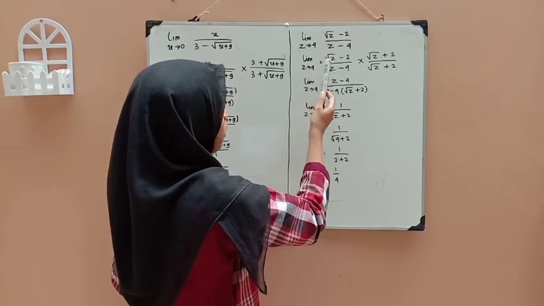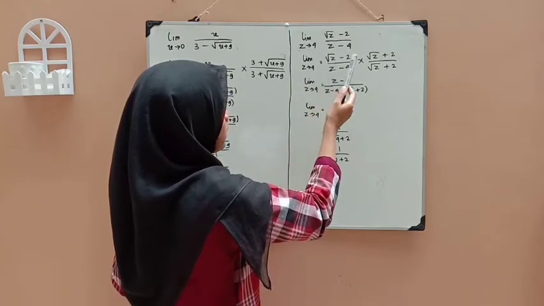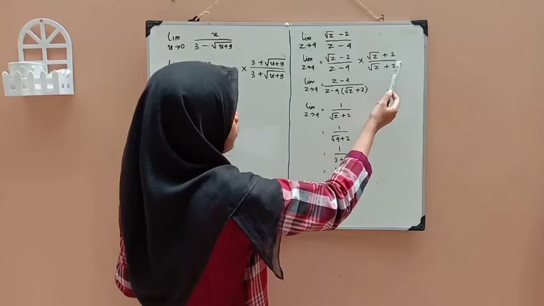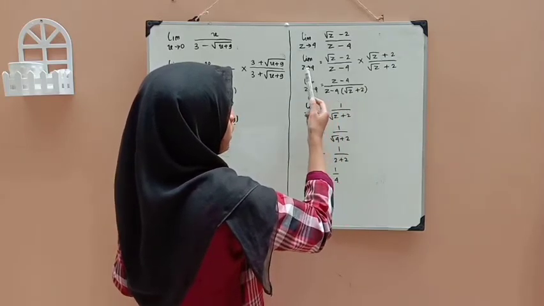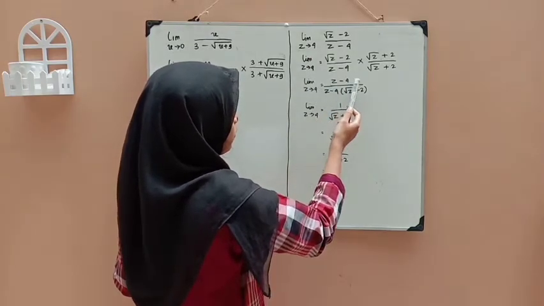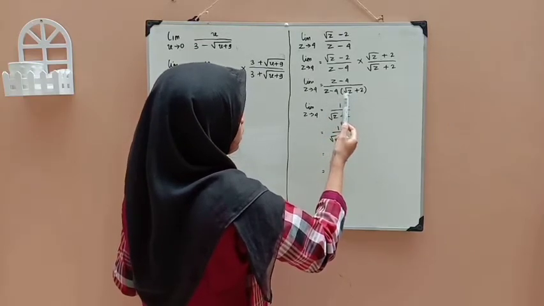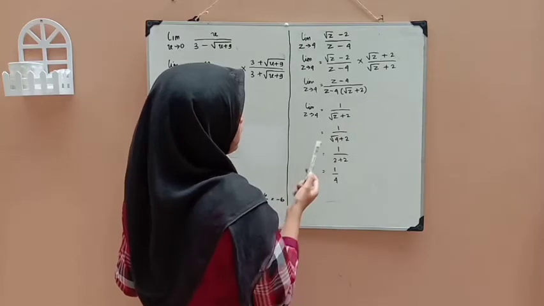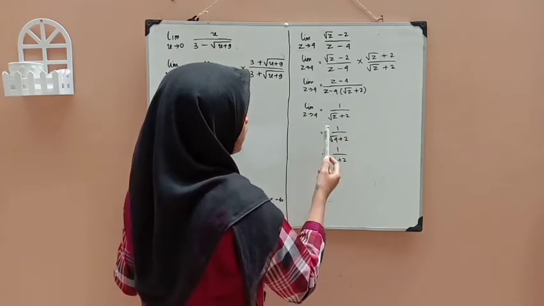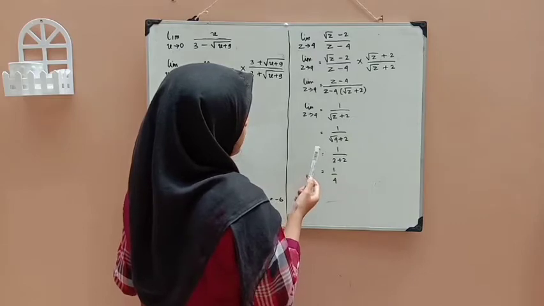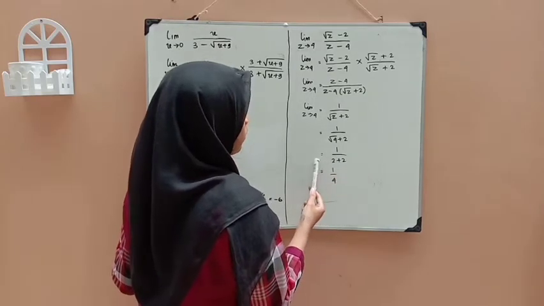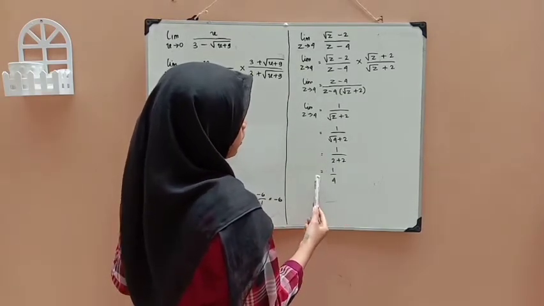The limit of root of z minus 2 over z minus 4 times root of z plus 2 over root of z plus 2 as z approaches 4 equals the limit of (z minus 4) over (z minus 4)(root of z plus 2) as z approaches 4, equals the limit of 1 over root of z plus 2 as z approaches 4, equals 1 over root of 4 plus 2, equals 1 over 2 plus 2, equals 1 over 4.